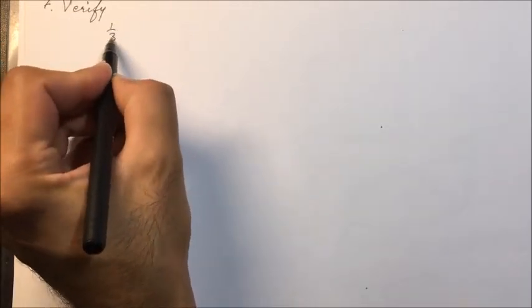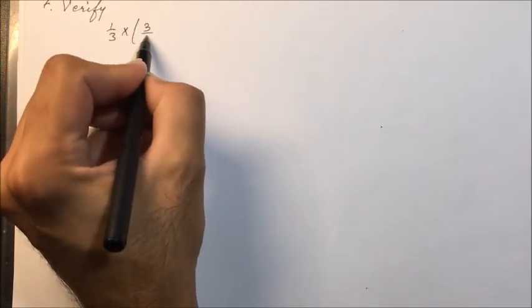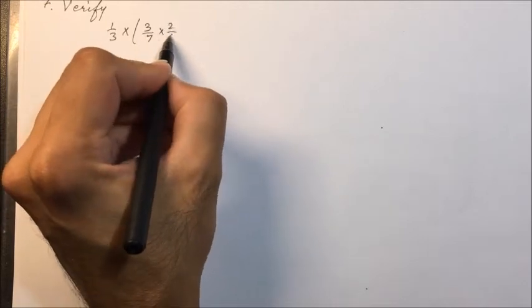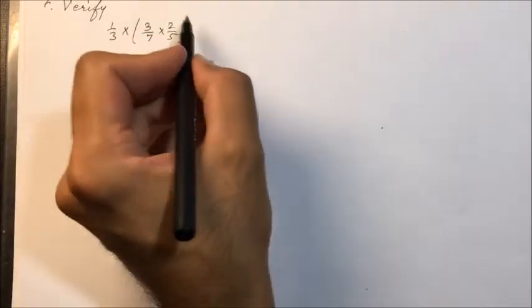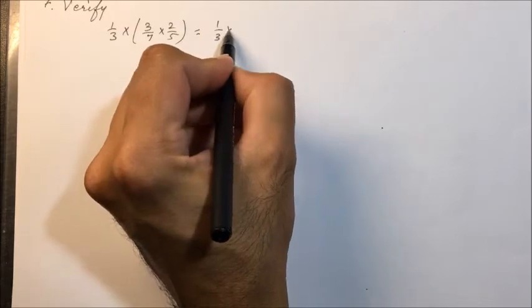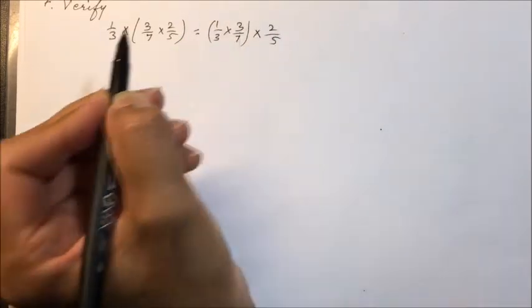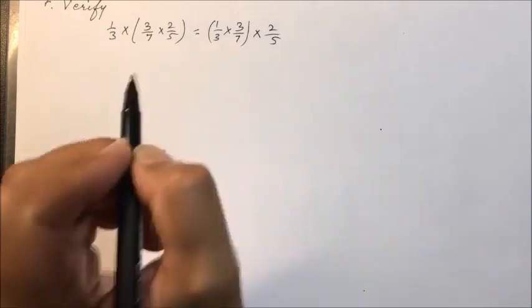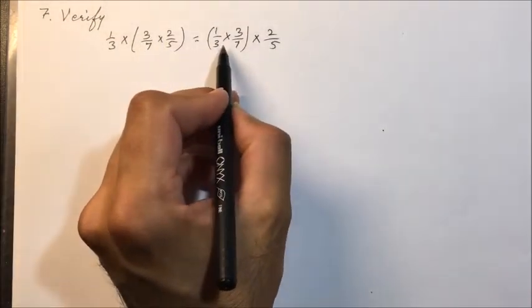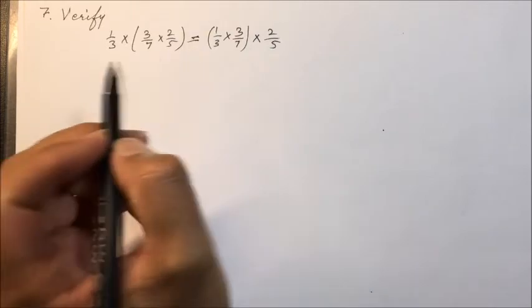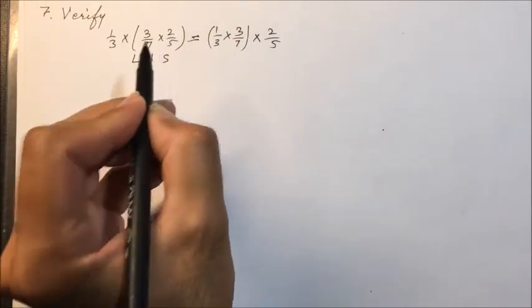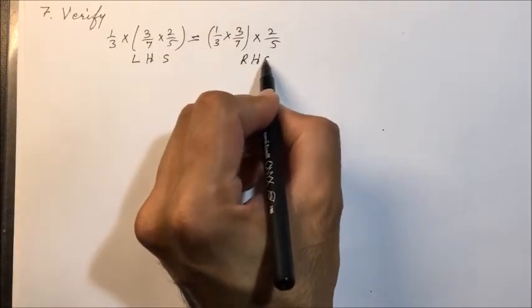And the numbers we have to verify: 1 upon 3 into, last two terms in bracket, 3 upon 7 into 2 upon 5, is equal to 1 upon 3 into 3 upon 7 in bracket into 2 upon 5. This we need to verify. So this is the associative property of multiplication. This we take as LHS, this we are taking as RHS.